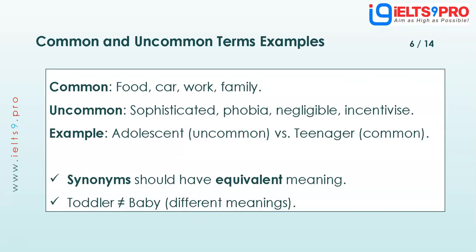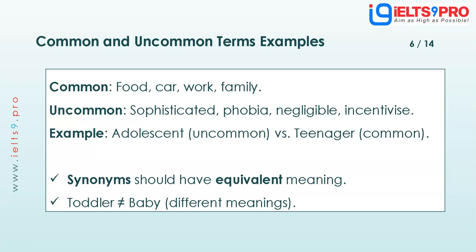So, some common ones: food, work, car, family. Uncommon, sophisticated: phobia, negligible, incentivize, adolescent, teenager. Now, as it says, the synonyms should have equivalent meanings, should be directly interchangeable.